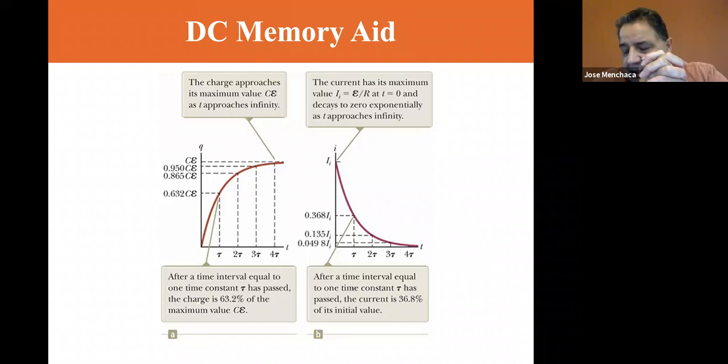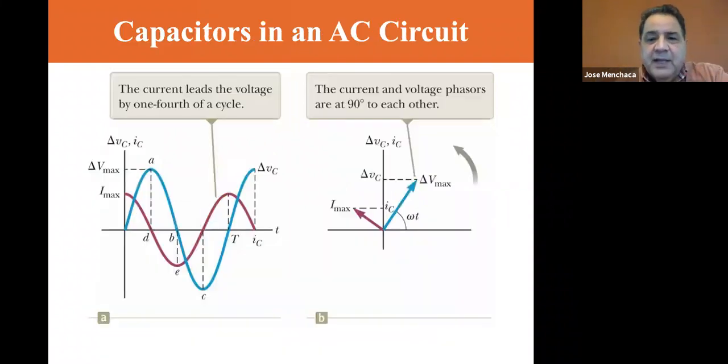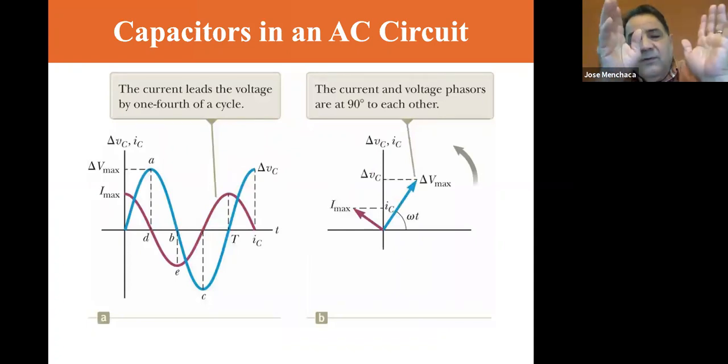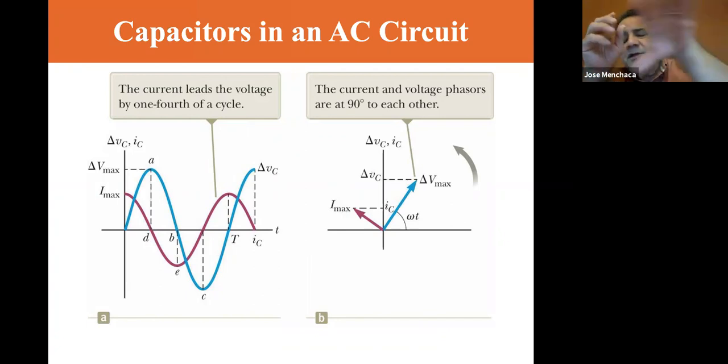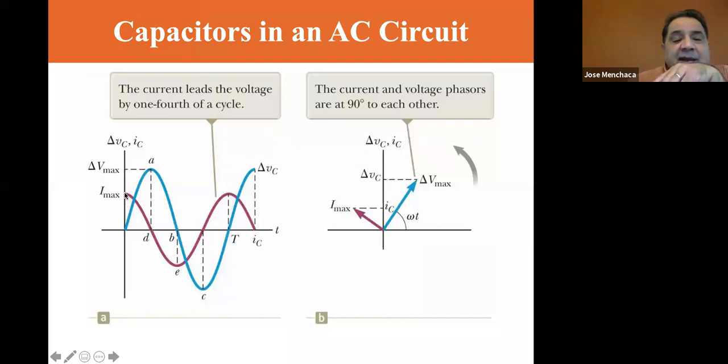You can disregard it if it doesn't help you, but this is the way I remember it. So the current leads. On flipping the switch in the DC case, you get max current and then the charge builds up. So at 0 you have max current, but the voltage goes up to its max just as the current goes down to 0.